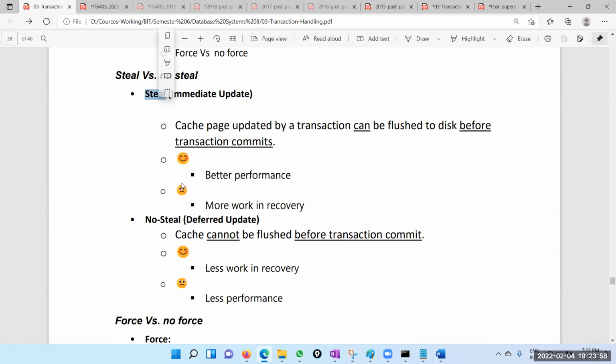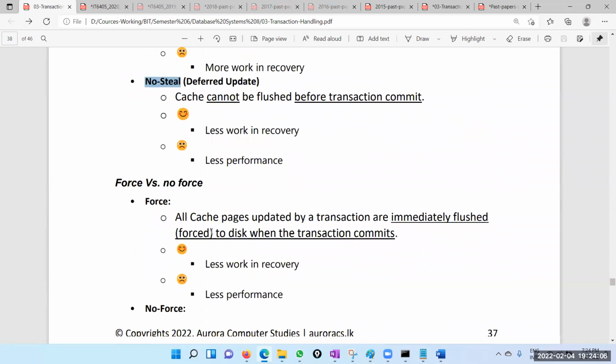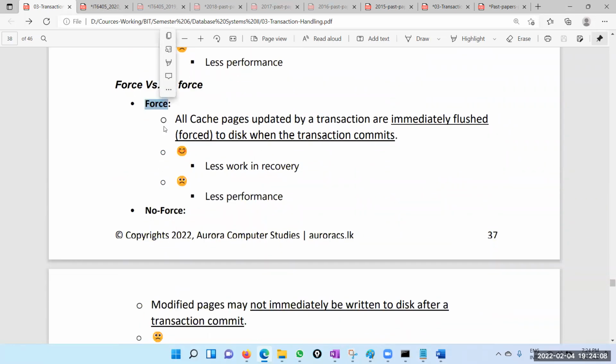So steal means you can flush before committing. No steal means you don't flush before committing. Force means immediately after commit, you write it. No force means when it is committed, you still may not flush it; you are waiting for something else.